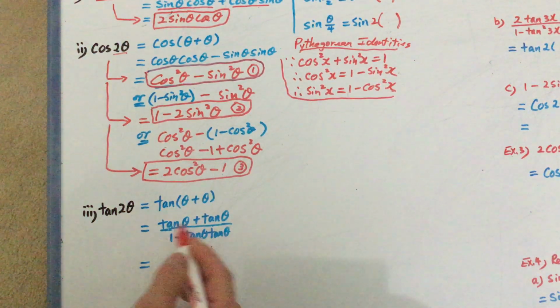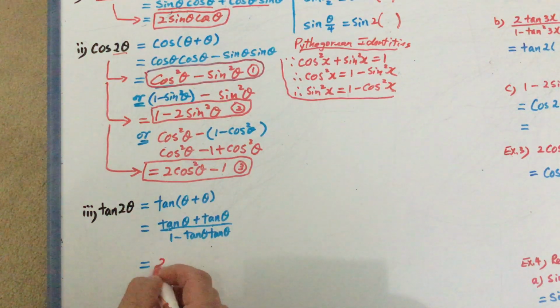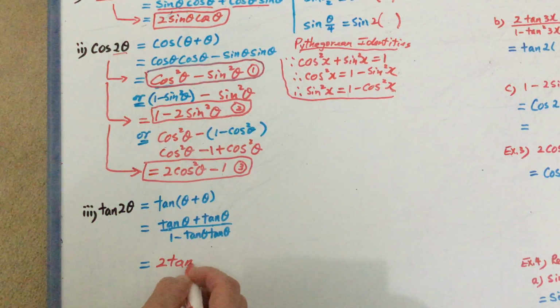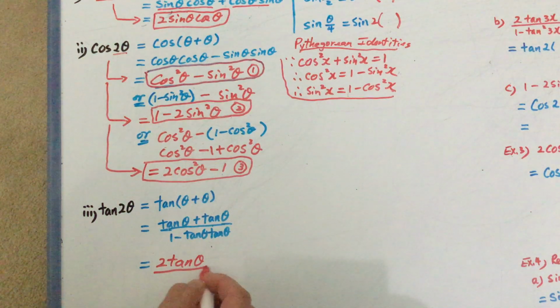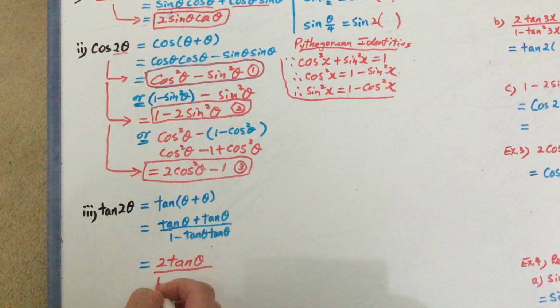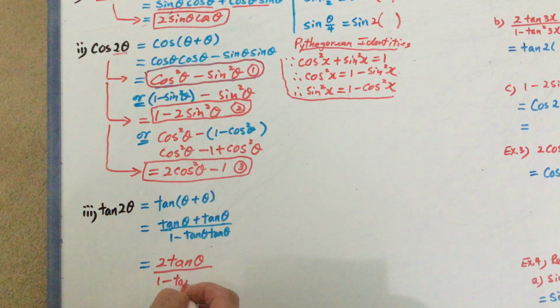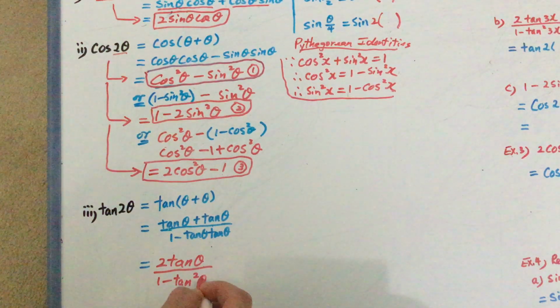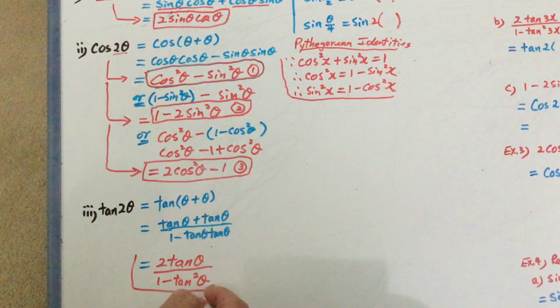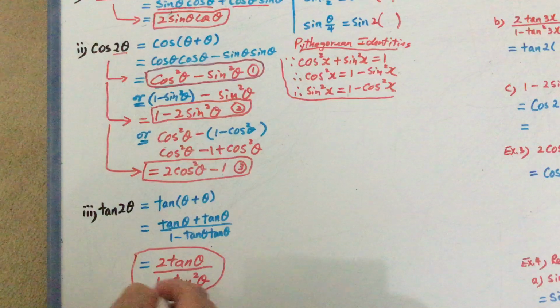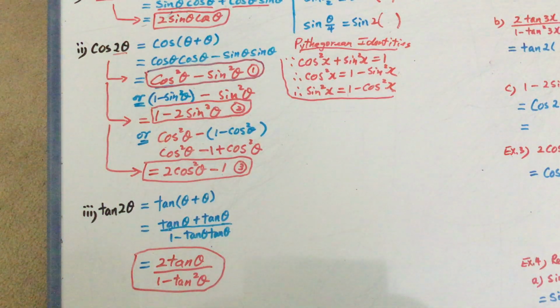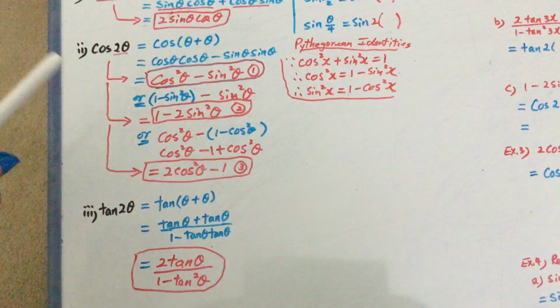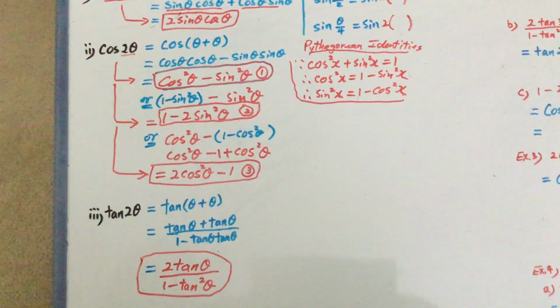For the numerator, you have 2 tangent theta. In the denominator, you have 1 minus tangent squared theta, because you multiply them together. Those are the double angle formulas for sine, cosine, and tangent.